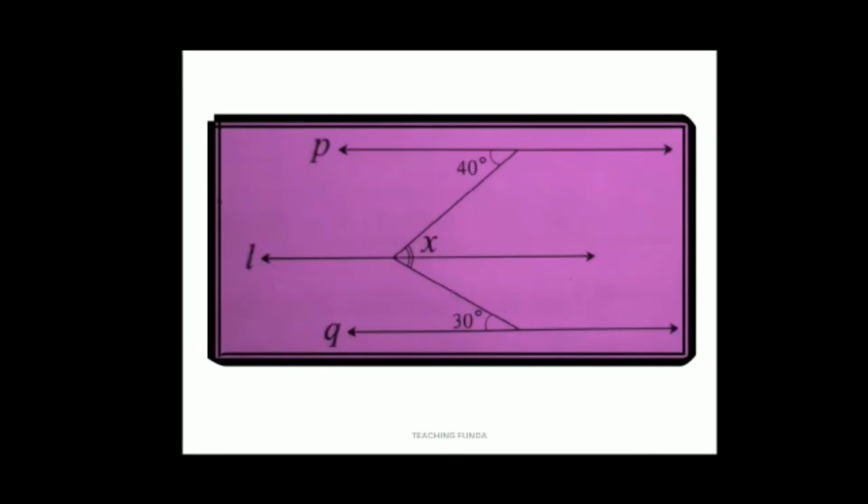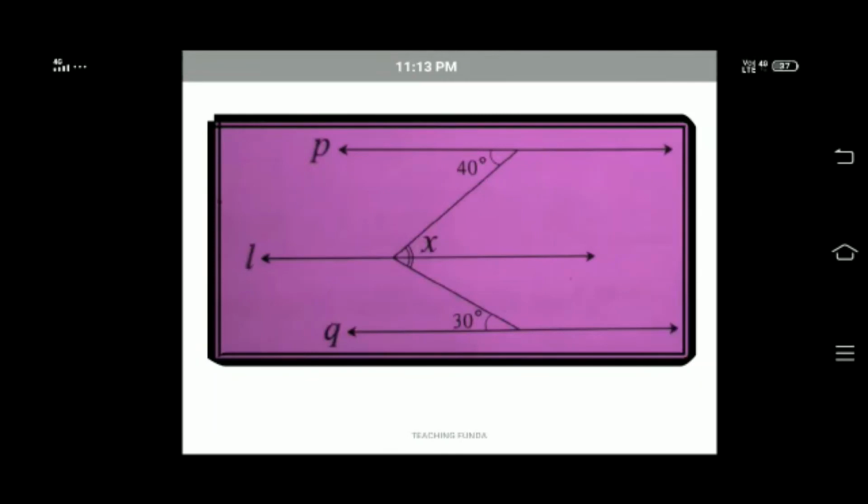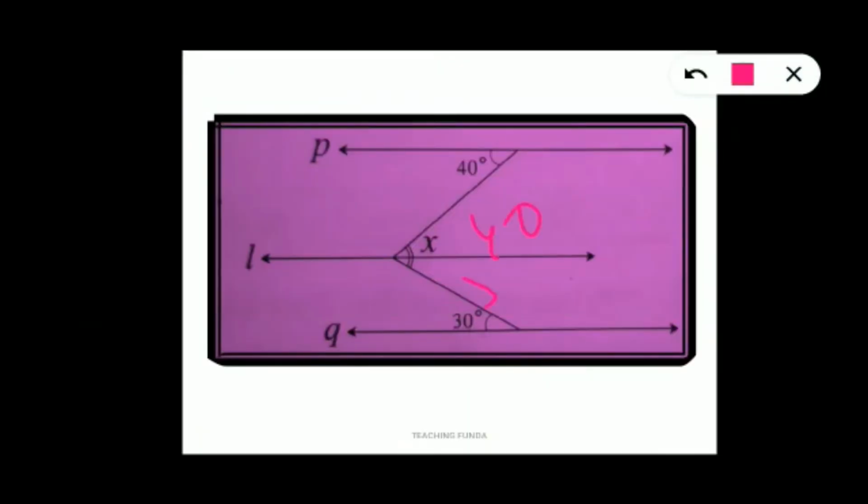This upper angle is 40 degree and the downside angle is 30 degree. If you add both these angles, you will get 70 degree.